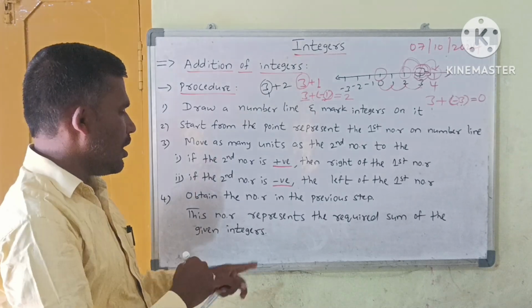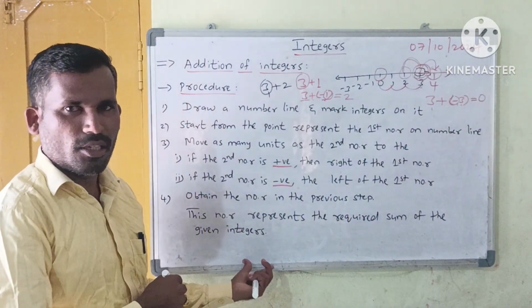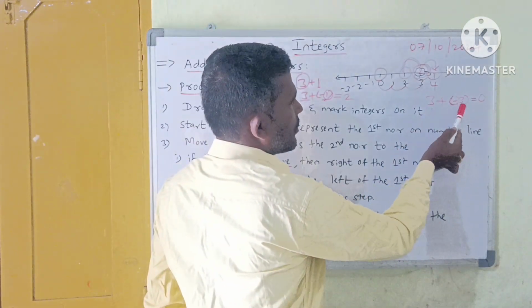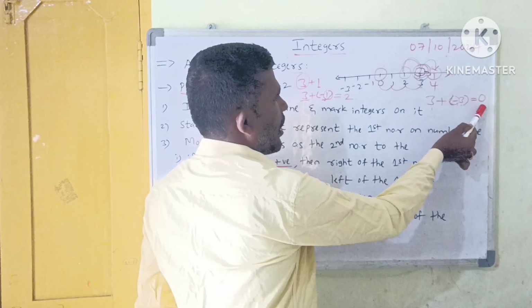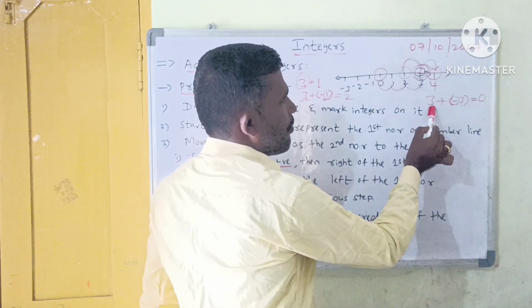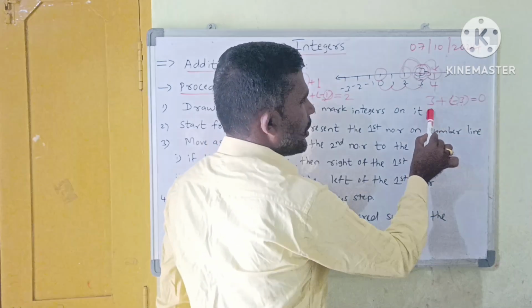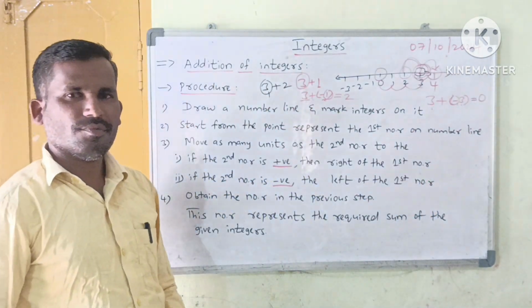So here 3 plus minus 3, where we stopped is 0. So 0 is the required sum of these two integers, the sum of 3 and minus 3. Okay now?